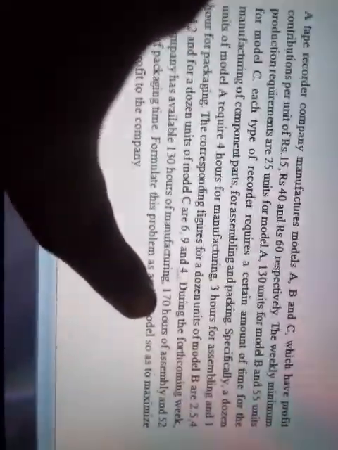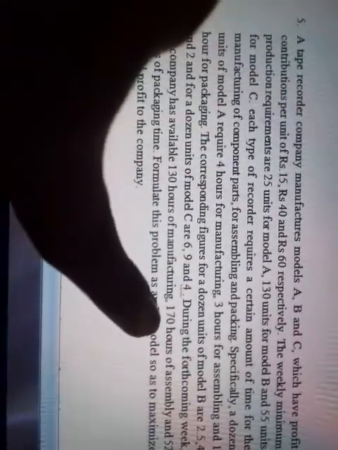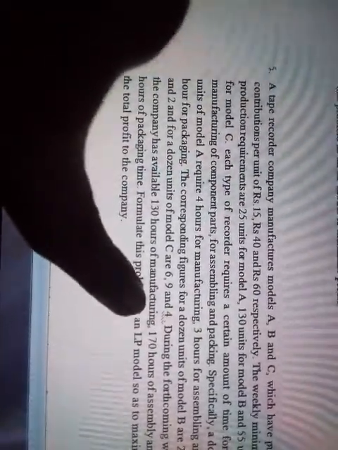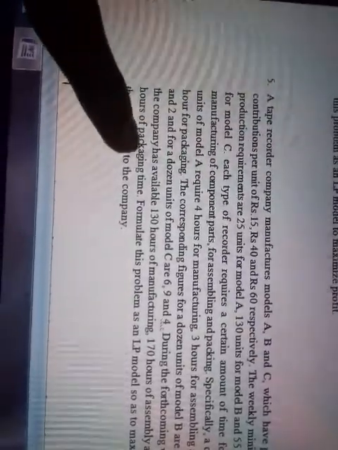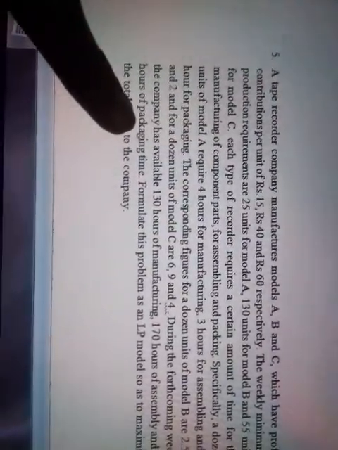Similarly, 170 hours of assembly, so here also available is only 170 hours, so less than or equal to. That's why we take manufacturing, assembly and packaging as constraints. Similarly, 52 hours of packaging. Is it clear? So for packaging hours they have only 52 hours, so that is a constraint. Only 52 hours in the sense less than or equal to 52.